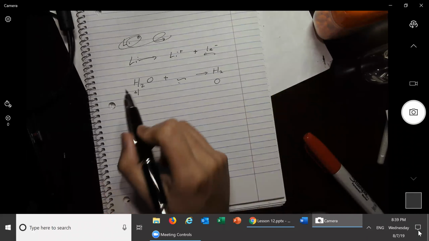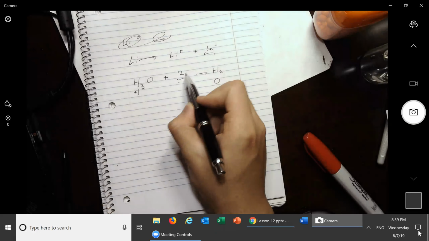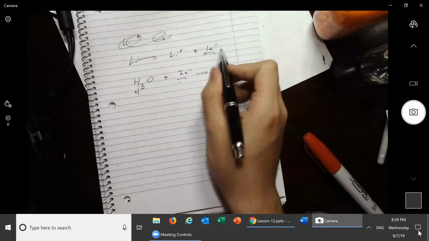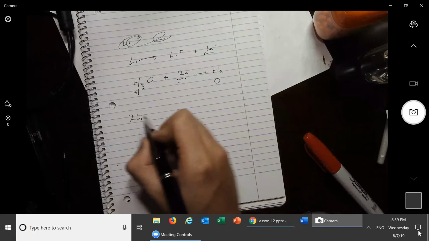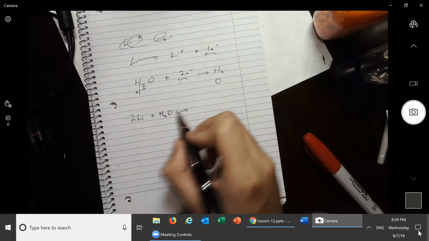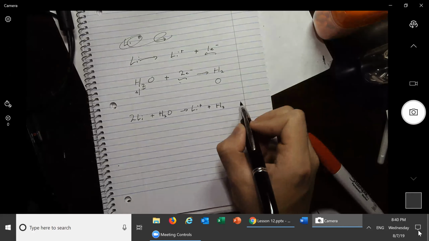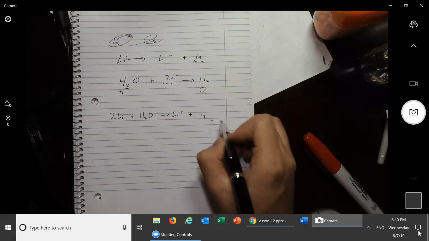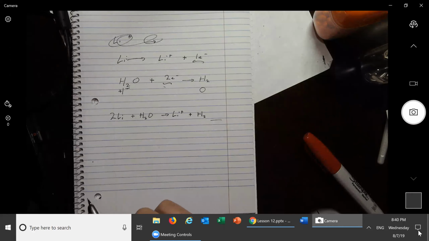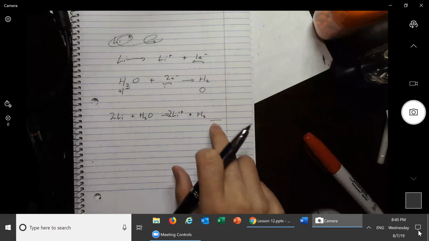Well, there's two hydrogens, so 2. And then we multiply this reaction by 2. And then what should I put here? Oh, here, 2. What should go here?